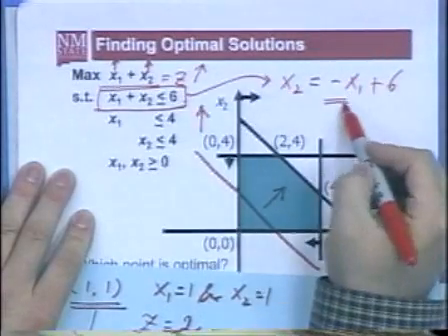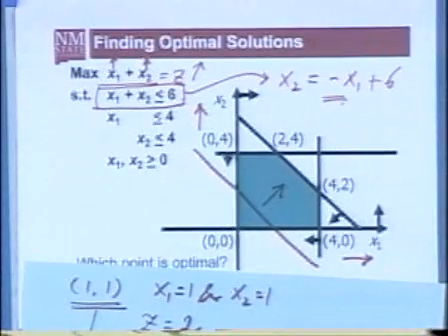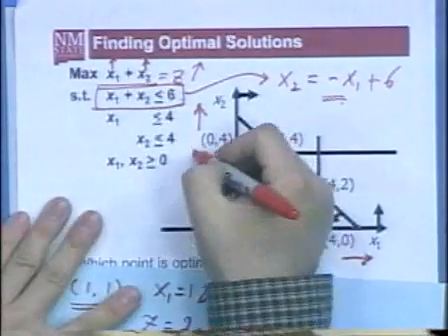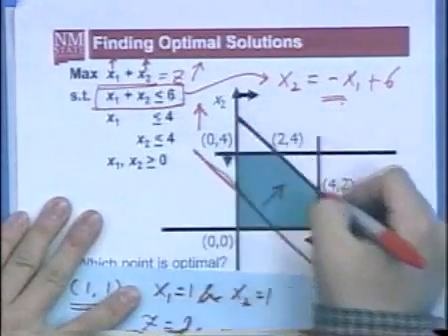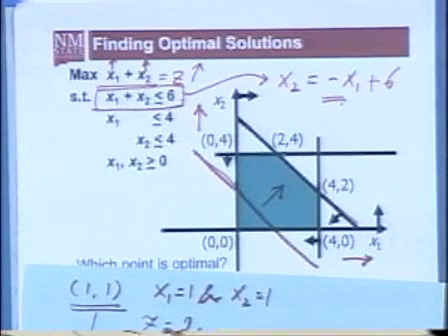It also has -1 as the slope, which means these two lines are parallel. Okay? What does it mean? Not just two, right? Infinite number of points, right?